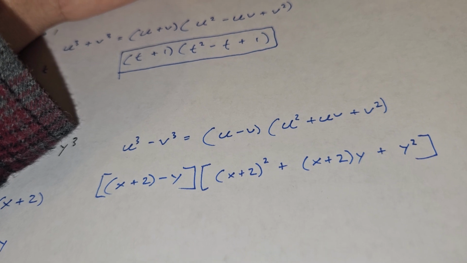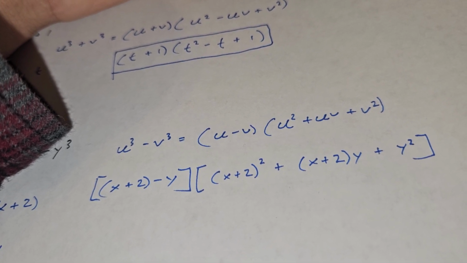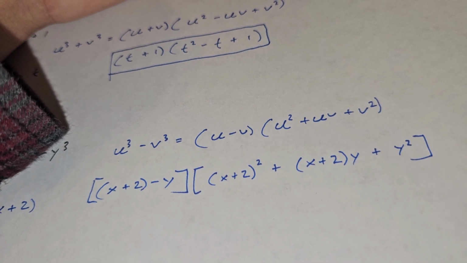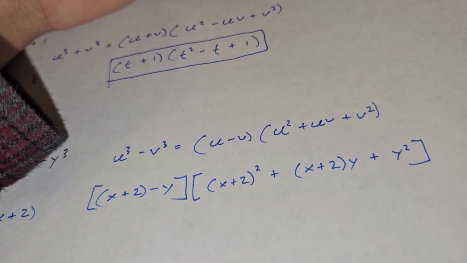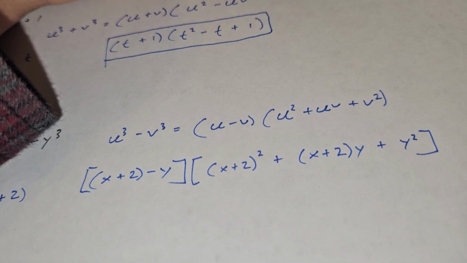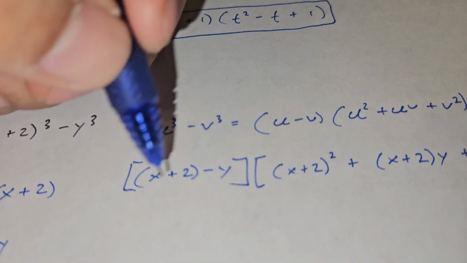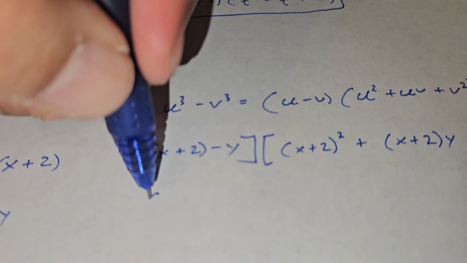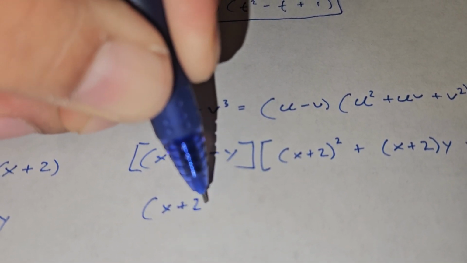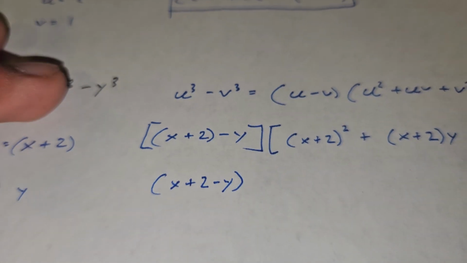Let's go ahead and use the distributive property and multiply what needs to be multiplied so we can expand this. We have x + 2 minus y. Let's remove the parentheses because nothing is being multiplied here. We can't really combine anything, so we'll leave that.